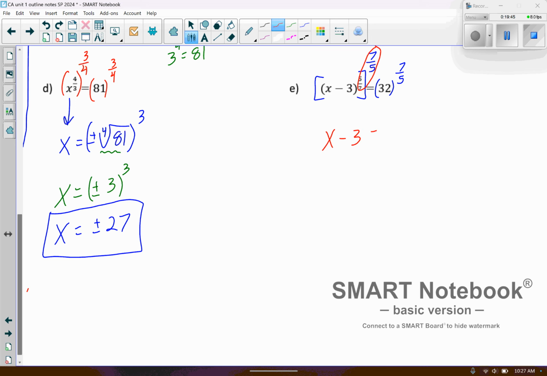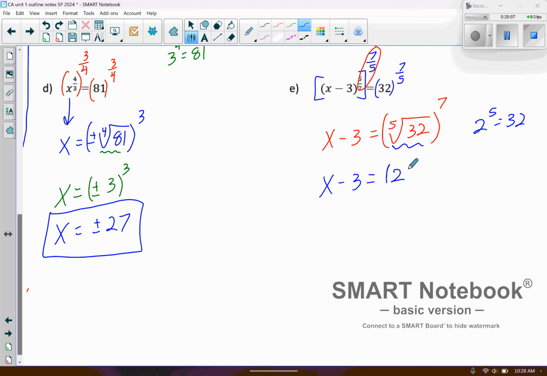And then over here, let's see, it's an odd root, so I don't have to worry about the plus or minus. So I'm going to do the fifth root of 32, and then once I get that result, I'm going to have to raise it to a power of 7. Well, if you look on your cheat sheet, you'll see that 2 to the power of 5 equals 32. So that's going to simplify into a 2.